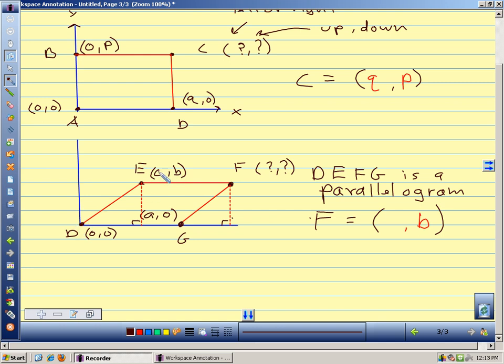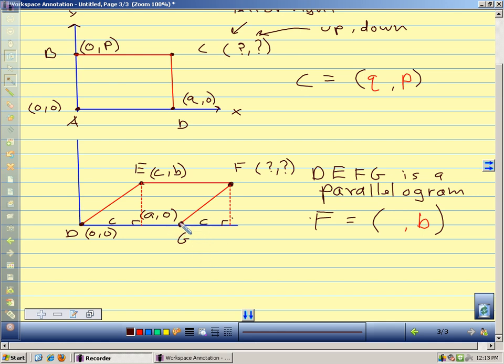So if I go over C units, C spaces, to get to point E, how long is this little segment here? C. I go over C to get to there. So that distance is C. If this is a parallelogram, how far over from G do I have to go to get to here? I have to go the same distance.